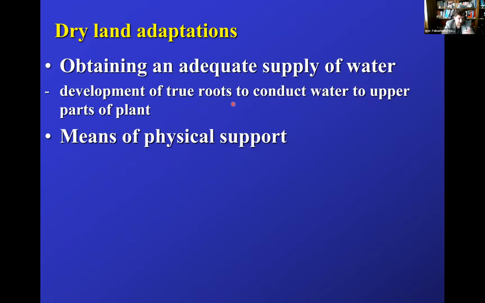Initially, remember, the mosses are relatively short. Why? Because they cannot grow too tall. They start breaking down, not enough physical support. Nowadays, we have the gymnosperms and angiosperms growing literally hundreds of feet tall. Why? Because they do have that means of physical support.